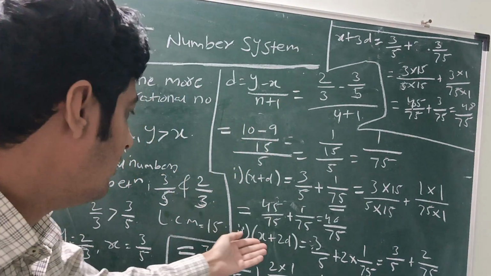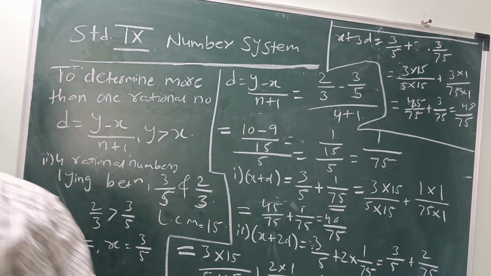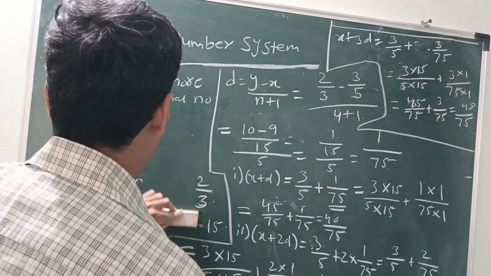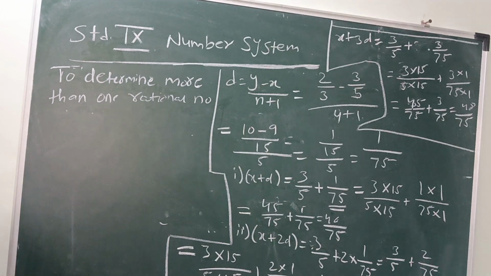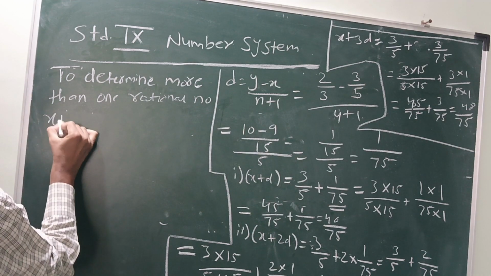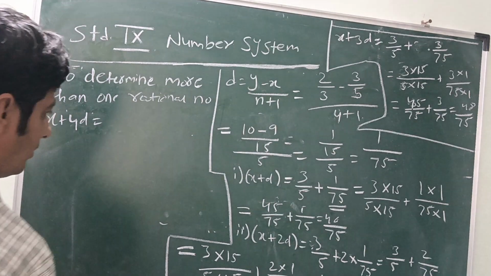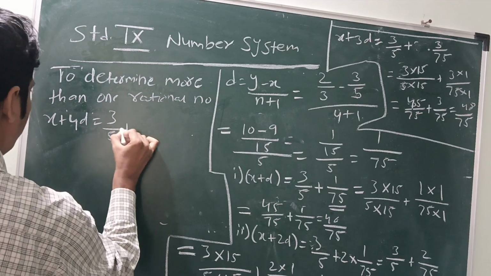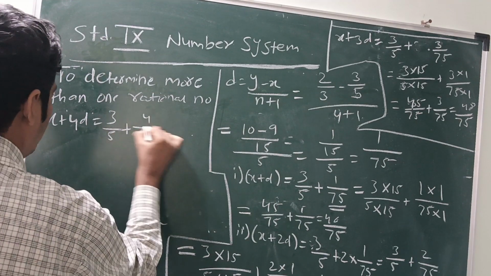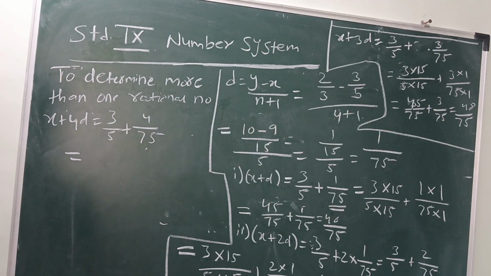In a similar way, we have to find the fourth rational number, which is x plus 4d. The value for x is 3 upon 5, plus 4 upon 75. Again the LCM is 75.